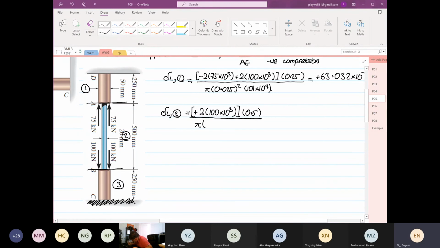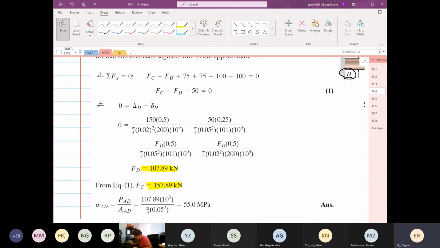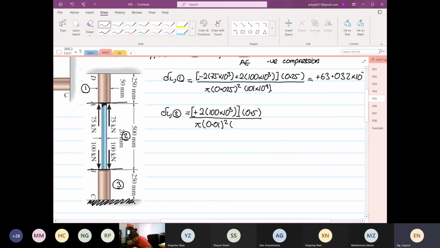So the cross-sectional area: the diameter is 20 millimeters, so the radius is 10 millimeters. Then I'm going to look at the solution manual. What is the Young's modulus? They use 200. I'm going to use 200 also.